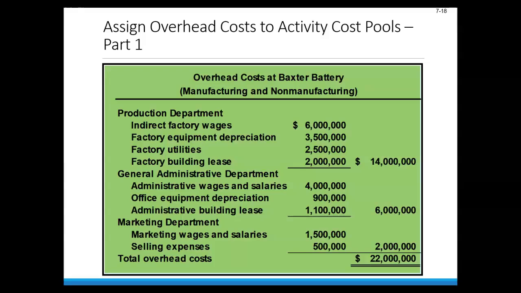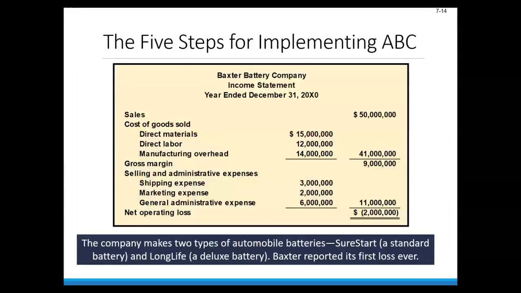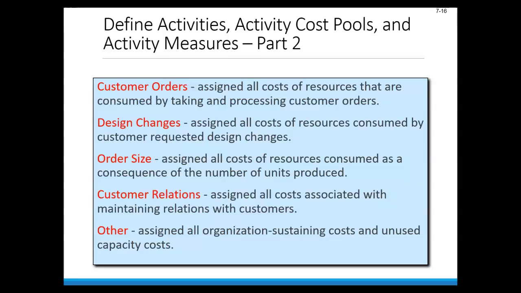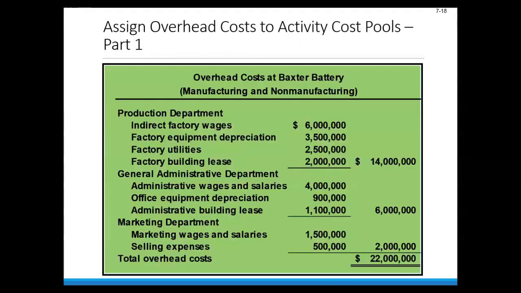So 14, 6, and 2. So if we back up, there's our 14, our 6, and our 2, okay? So those are the only items that we're really looking at when we are looking at this.